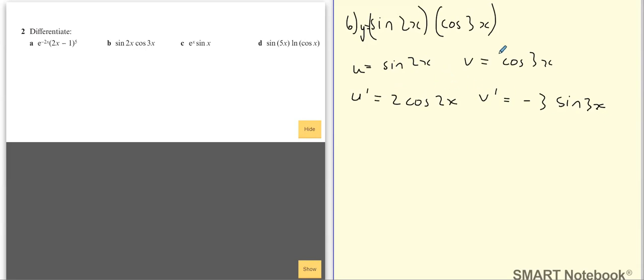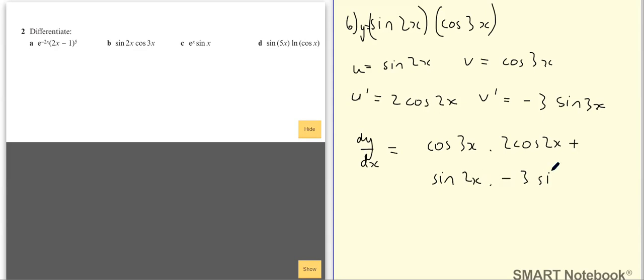And now I can cross multiply, so dy by dx equals cos 3x times by 2 cos 2x, plus sine 2x times by minus 3 sine 3x.